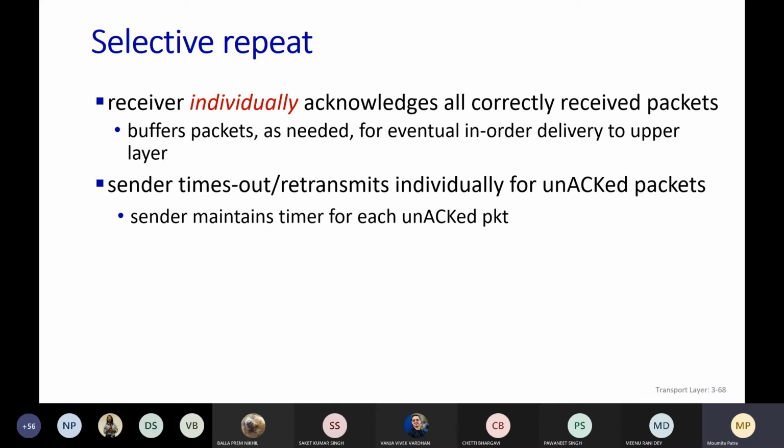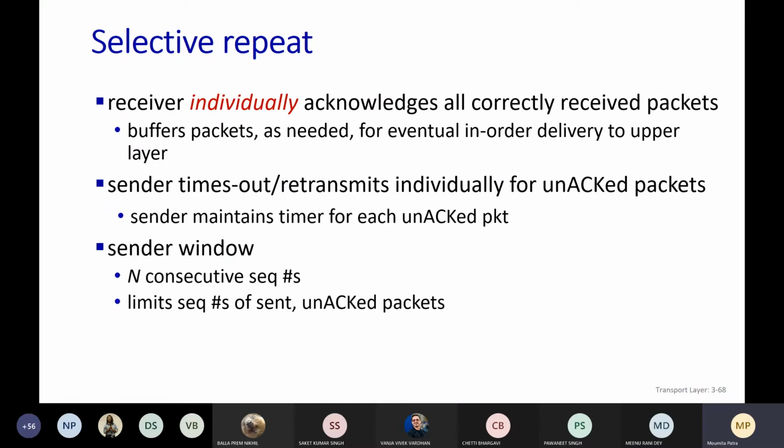It will not send all the packets after that, as was being done in case of Go Back N. In this way, it is reducing the amount of resource utilization that was happening in Go Back N. Basically, for each packet that it sends, the sender will have a timer. So for each unacknowledged packet, the sender has a timer. Once the timer times out, it gets to know that it has to retransmit that packet.